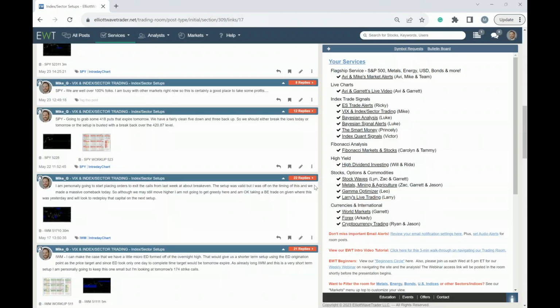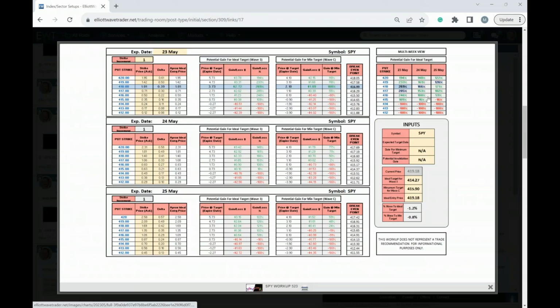Okay. What I like to do is I always want to try to get 100% off the minimum target. If the setup follows through, the minimum target is a very high probability target. When I set these trades up, they're going to either be a 100% loss or they're going to be a 100% or more gain. That's the goal of these trades.